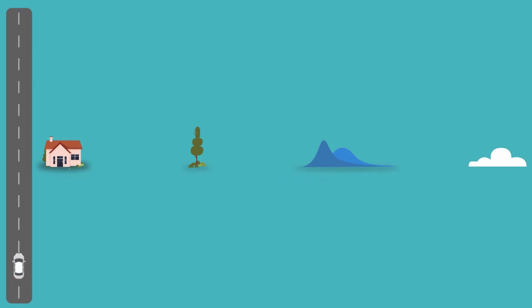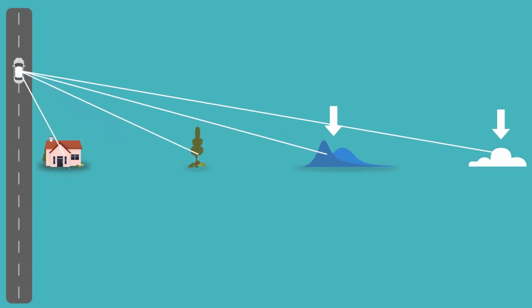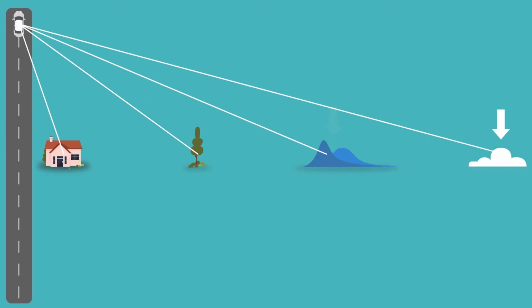Let's think for a moment that there's a person in the house looking at your car. His head is locked onto the car, and there's another guy on the tree looking at your car. There's another one on the mountains looking at your car, and there's another one on the clouds, hypothetically, looking at your car.